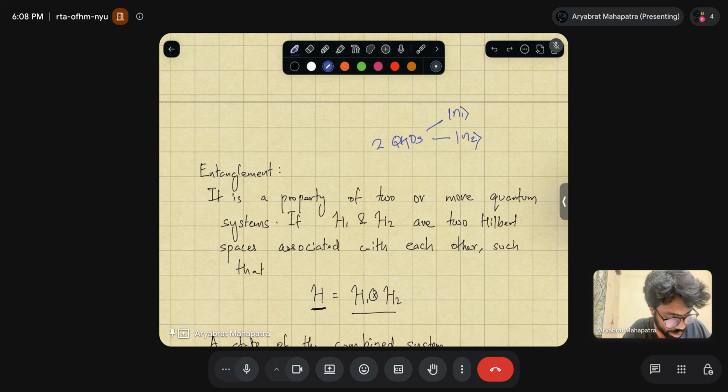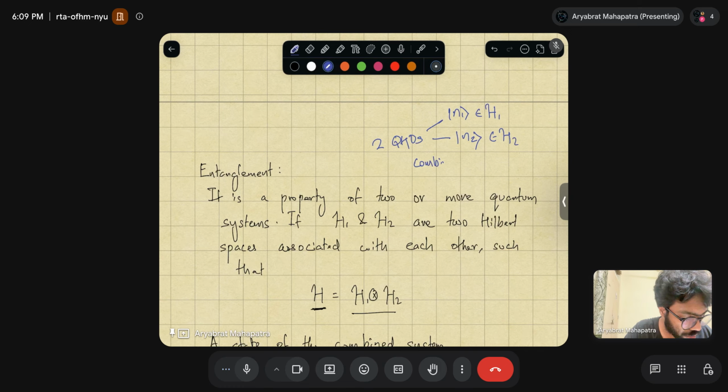These number states span the Hilbert space one, and the other will span the Hilbert space two. So this is where you have two different Hilbert spaces, and when we combine these systems we get a composite system.